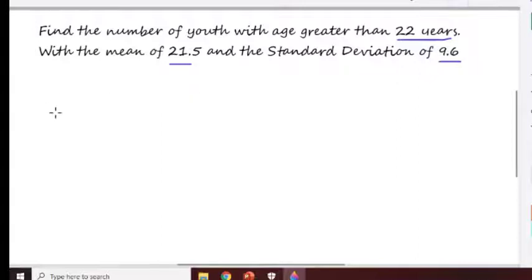indicate a graph. So as you can see, usually this is the corresponding graph. Huwag niyo pansinin kung pangit ha. So okay, this is suppose your mean with the value of 21.5.